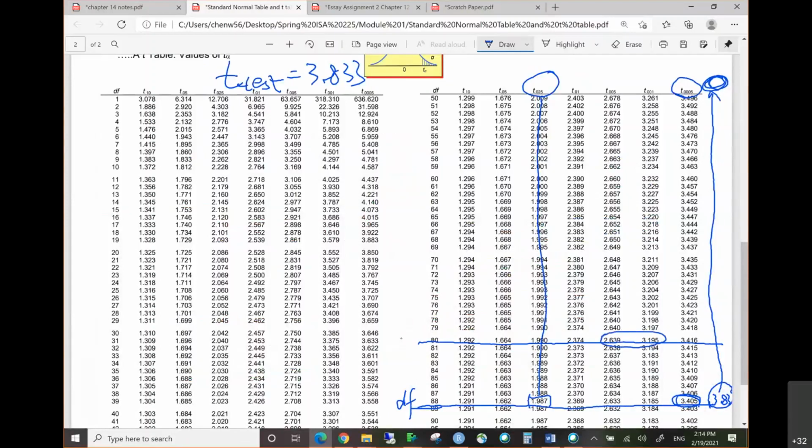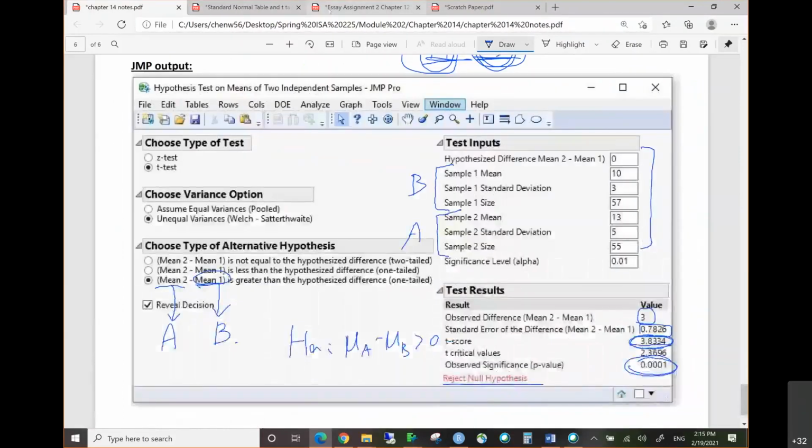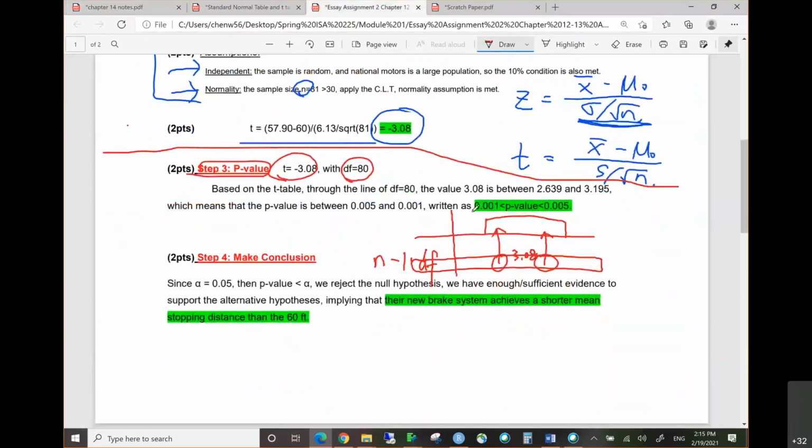That means you go up, find the range of your p-value. That means your p-value is between 0.005 and 0.001, right? So you have this range of the p-value.